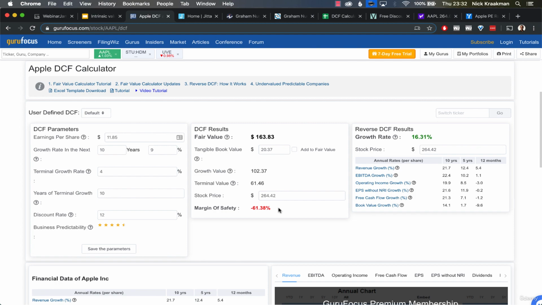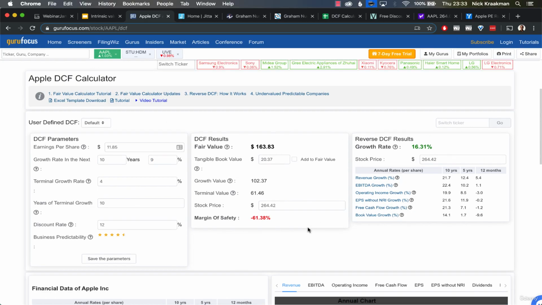And that means that you shouldn't buy it today. Like you saw, the only thing I had to do here was fill in a different growth rate, and we're done. So it's really quick, really simple, and it's free. So I definitely recommend using this first tool.